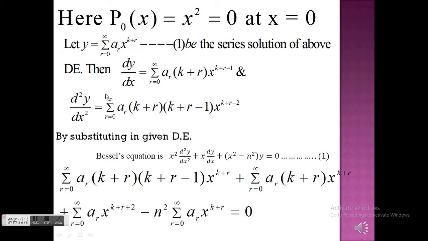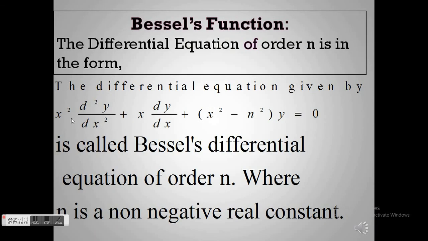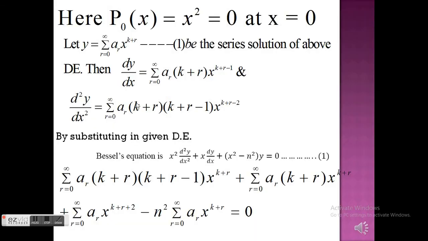Here the coefficient of d square y by dx square is x square, and the coefficient of dy by dx is x, which is a variable coefficient. We take x square as p naught of x, and that is equal to 0 at x equal to 0.